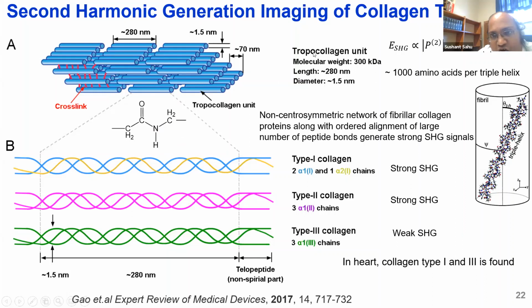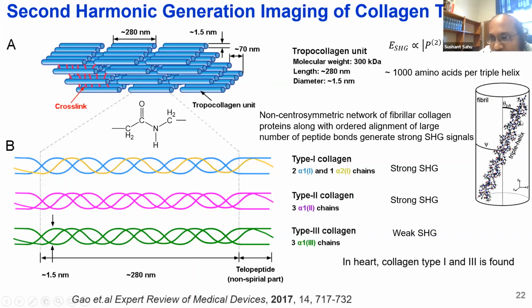It's like a tropocollagen unit, around 300 kilodaltons, a triple helix about 280 nanometers in length and 1.5 nanometers in diameter. These amide bonds with polarizable electrons give the nonlinear SHG response in collagen. And in collagen you have a lot of amino acids, about 1,000.